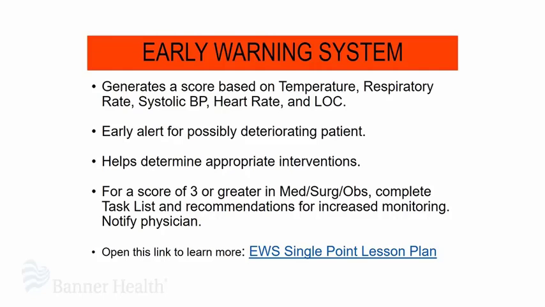For a score of 3 or greater in the med-surg or observation area, we need to complete the task list and notify the physician immediately. You can click on the link below to show you a tip sheet, which further explains EWS.